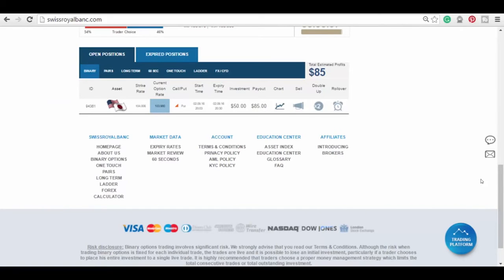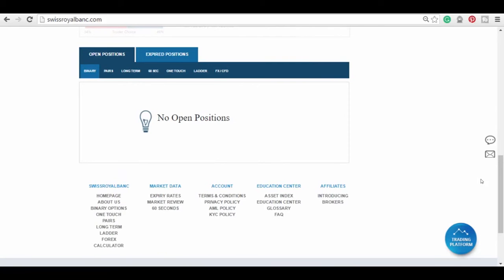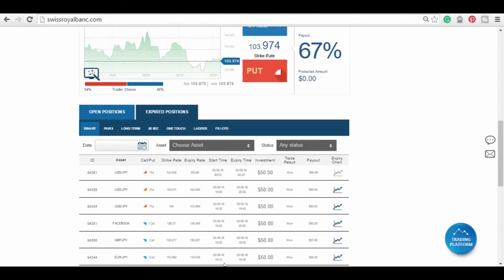We're finishing up 100% profit. 20 more seconds. Okay, that was profit. Let's look at all our expired positions. So we have 6 trades, and all our 6 trades are in the money.